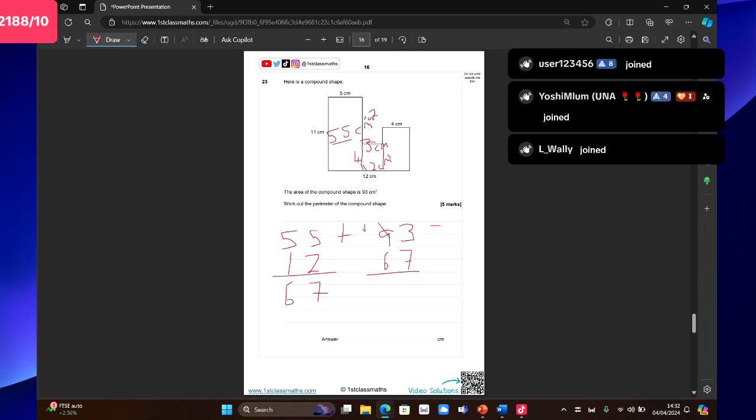That becomes 8, that becomes 13. 13 take away 7 is going to be 6, and then 8 take 6 is going to be 2, if I'm not mistaken. So we're nearly there now, I think.